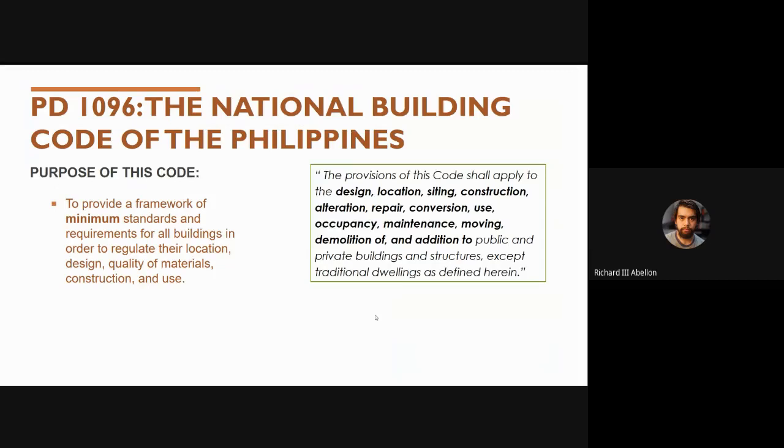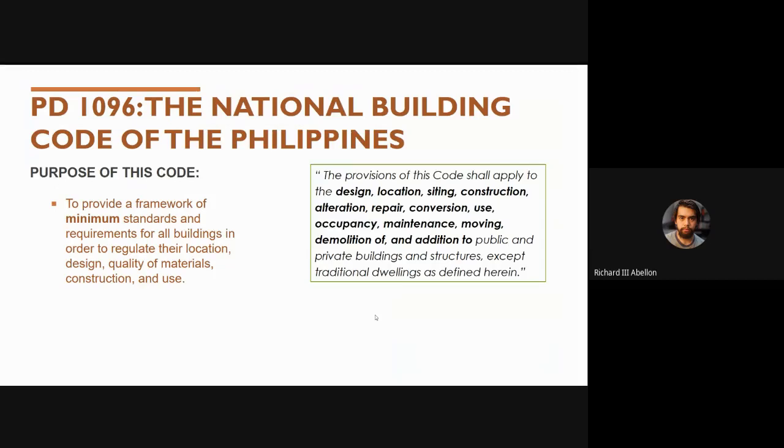In terms of location, dito na pumapasok yung zoning. Saan ba proper yung pagtayo ng bahay? If you are near a body of water, ano yung distance dapat from that body of water para safe na mag-construct ng building? Another one is design. Ano ba yung proper design for the specific type of occupancy of building?